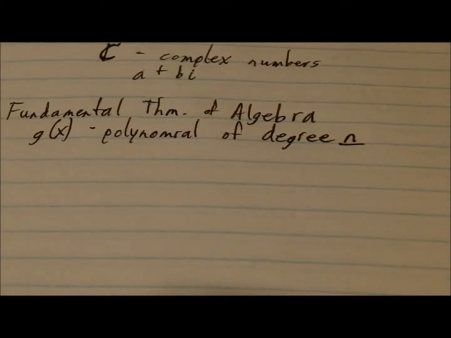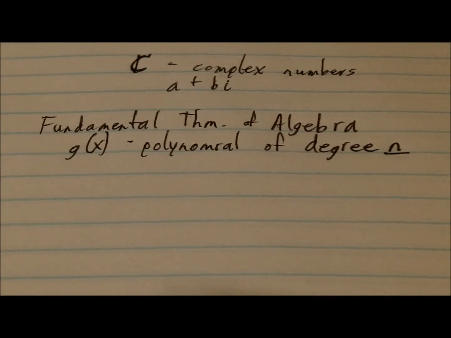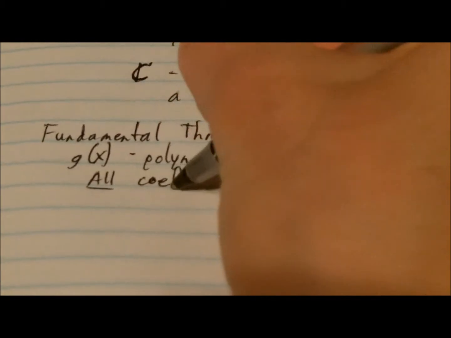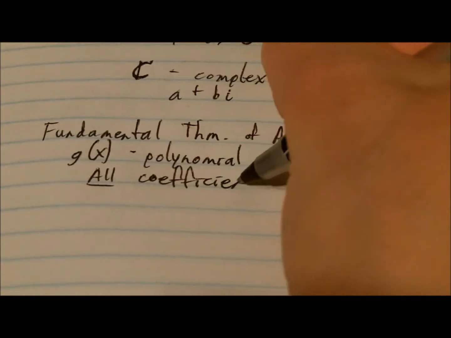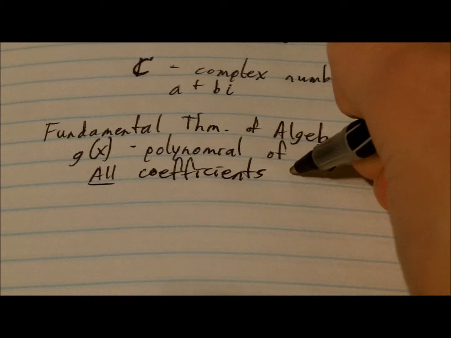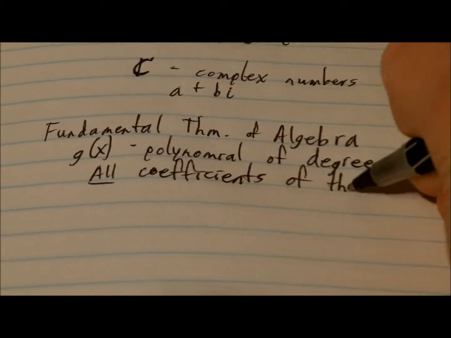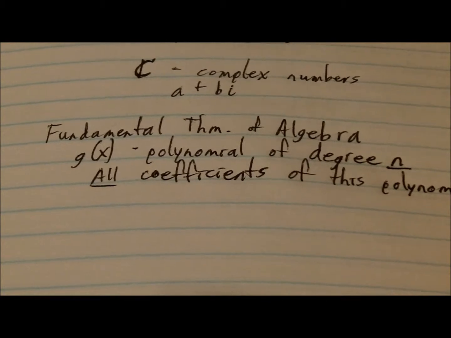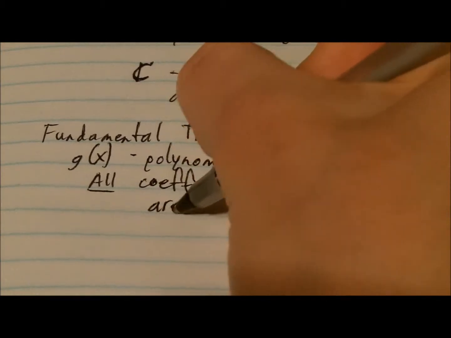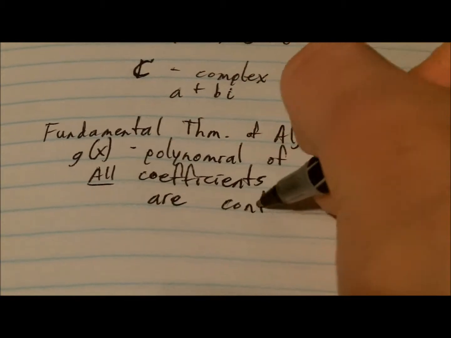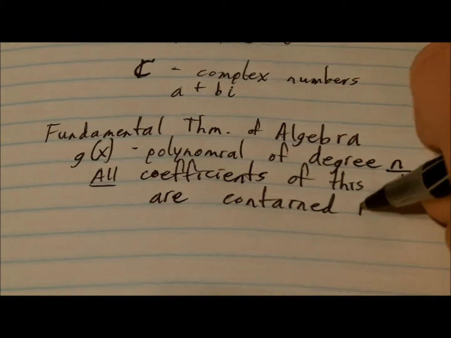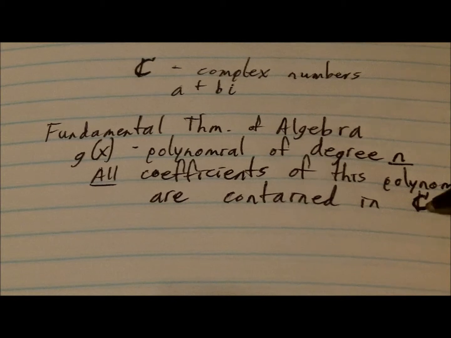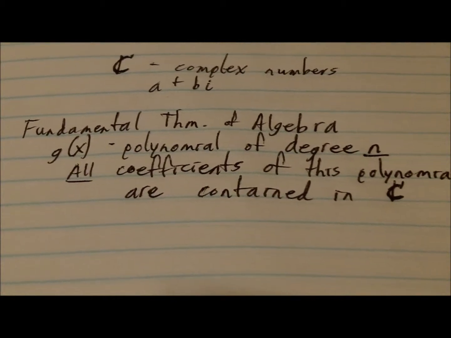And let's say that all coefficients of this polynomial are contained in C, the set of complex numbers.